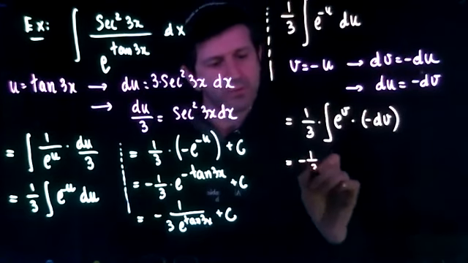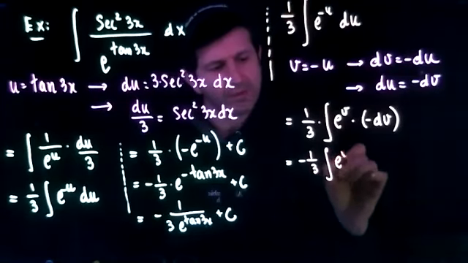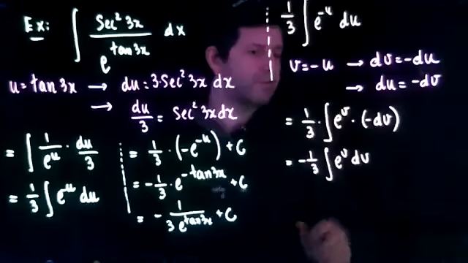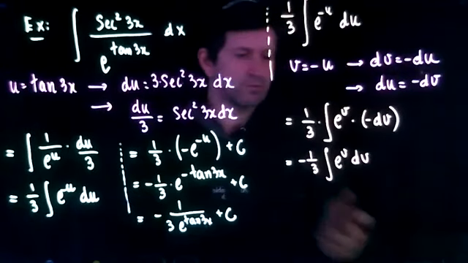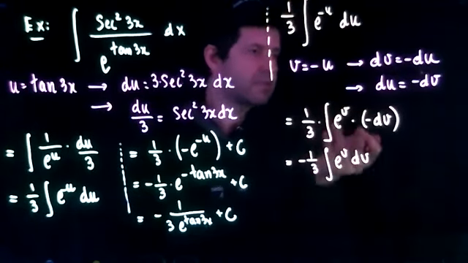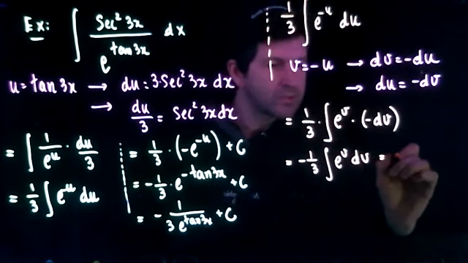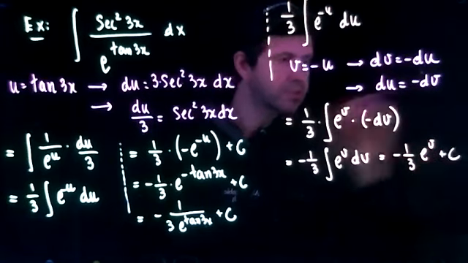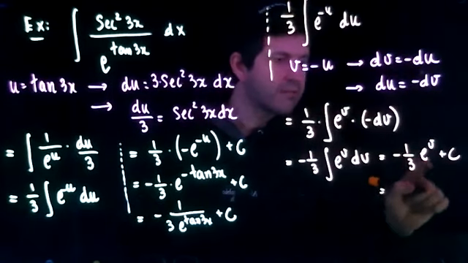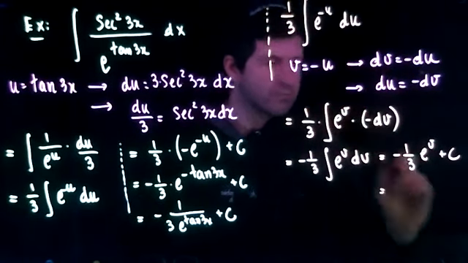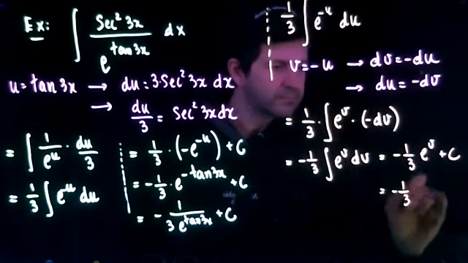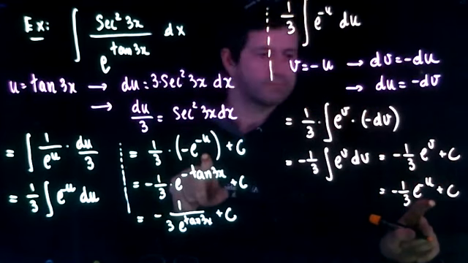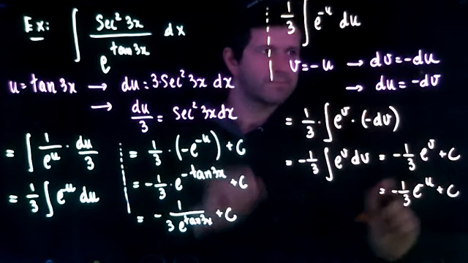So minus 1/3 integral of e to the v dv, and the integral of e to the v dv is just e to the v, right? You integrate e to the x, it's e to the x. So it's negative 1/3 e to the v plus c, and then v is negative u. That's what you have here. Same thing.